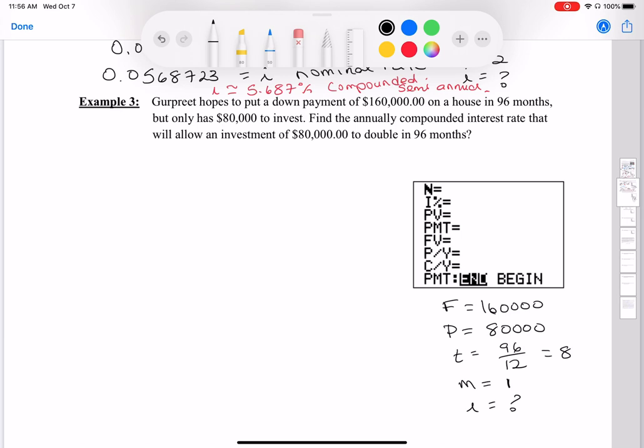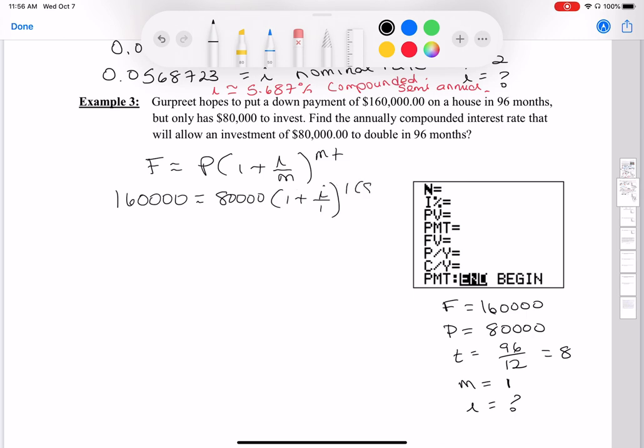All right, so you should have written down the formula, substituted in all of the values that we know. Perhaps you took another step to clean that up. Then you needed to divide both sides by 80,000. So when you do that, you're left with 2.